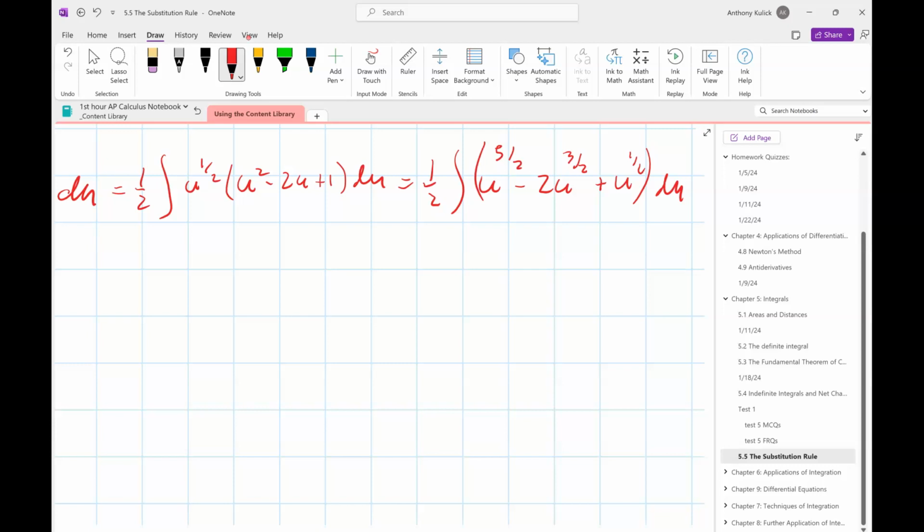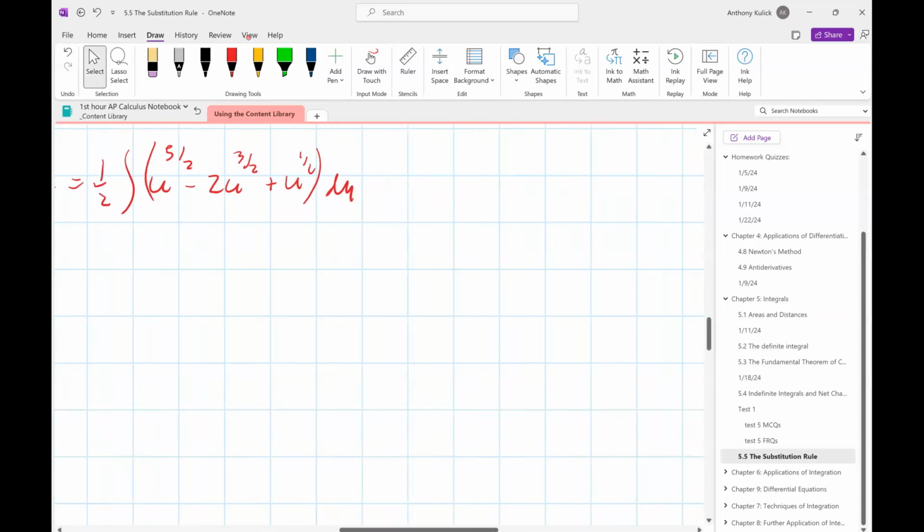Does that all look okay so far? So I FOILed out the u minus 1 squared and then distributed the u to the 1/2 through. And now we're ready to do some anti-differentiating, right?